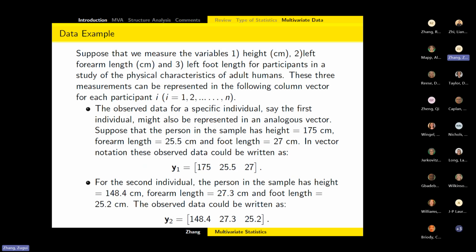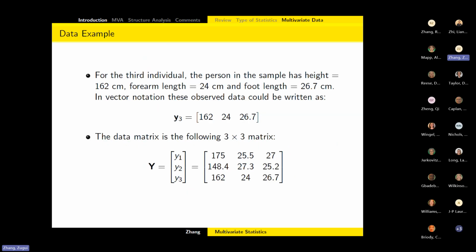So that for each participant, our outcome will consist of 3 measurements. And then for one participant, we can have the outcome Y1. And for the second individual, we can have the outcome Y2. And for the third individual, the person will have height, forearm length, and foot length, Y3.